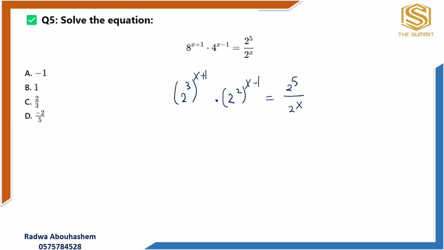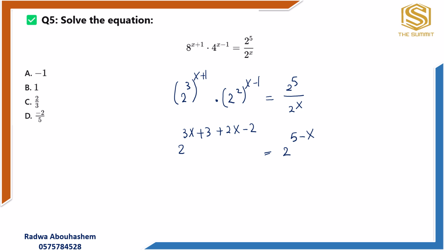You remember, when we multiply, we add the powers. First, this is power of a power, so 3x plus 3, and this is 2x minus 2. When we divide, we subtract the powers, so it would be 5 minus x.